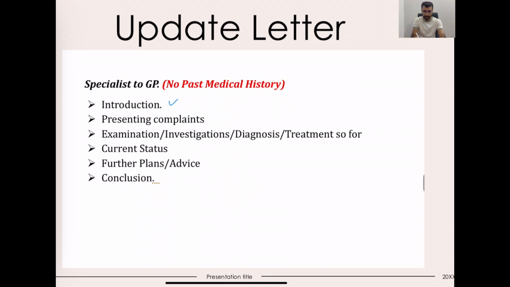Introduction, presenting complaint, then examination, investigation, diagnosis, treatment so far. Because we are the specialist here and we are updating the patient's GP, but we are definitely not admitting the patient. Okay, so we do examinations, investigations, diagnosis, treatment. We'll definitely provide treatment. Then we'll write the patient's current status, then further plans or advice, then conclusion.